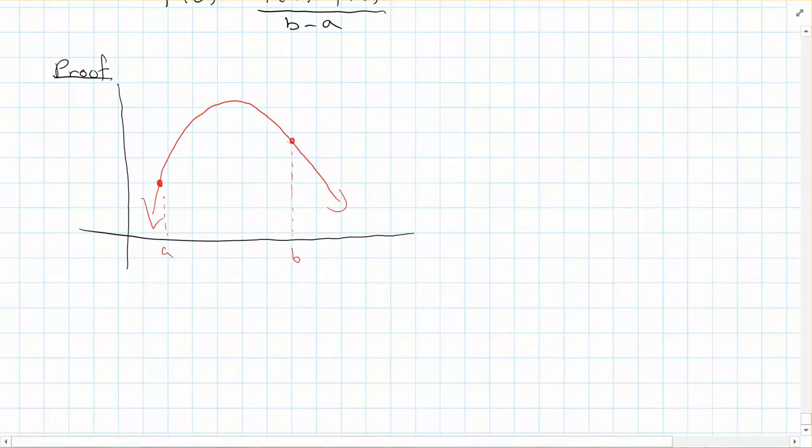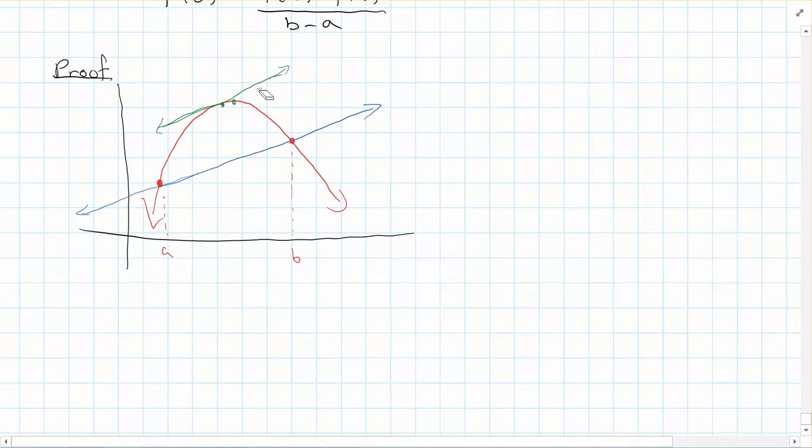That's not good. Okay. Then we can clearly see in this picture that I am going to have some tangent line, maybe right here, that's parallel to it. So that's what I'm going to be trying to prove, that I have this point c.